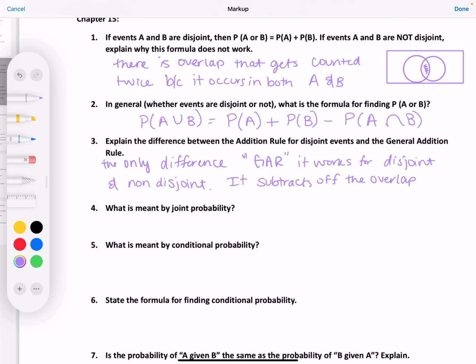So the addition rule is the equation that was written in question 1. The general addition rule is the one we've written here in question 2.